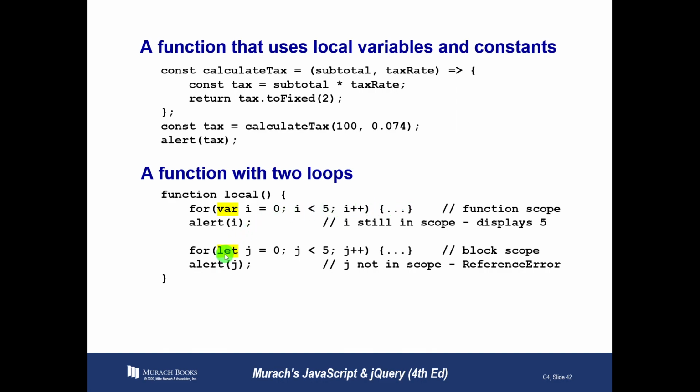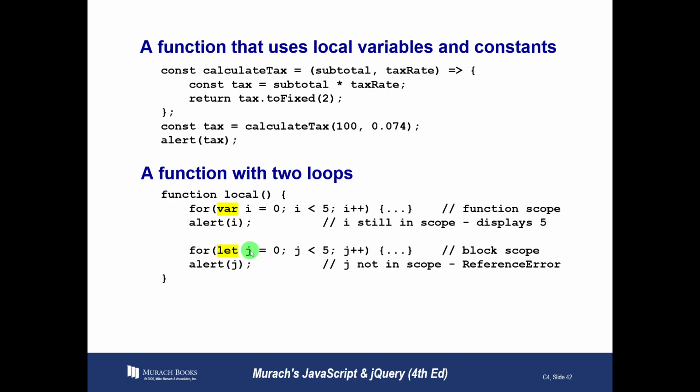Let's look at a similar one. The only difference is that I'm declaring our counter variable j with the let keyword. Okay. The loop runs, it counts from 0 to 5, executes whatever code is in the block of the loop, and then I try to alert j, I get an error. j is not in scope because I used let.